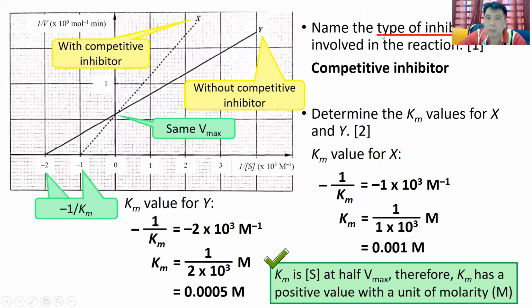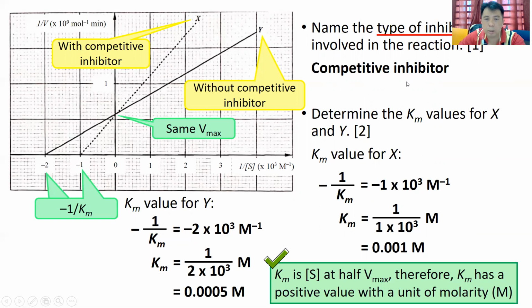Then we go to the next question here. Name the type of inhibitor involved in the reactions. From here, we can see they have the same Vmax, because here it is 1 over Vmax. Then the Km values are different. So this is the characteristic of a competitive inhibitor.